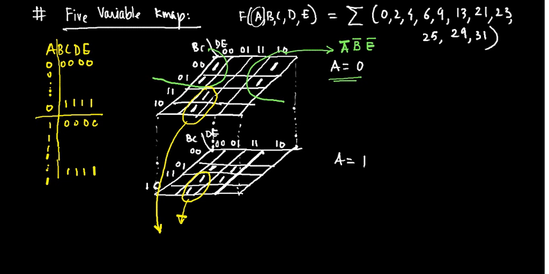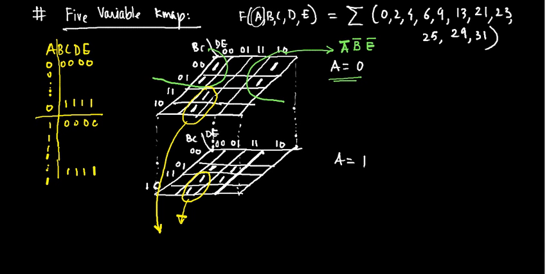Now see which variables remain constant. These two variables are common here, so you don't need to see both of these maps for BC. You can consider either of these maps only to see the variable change for BC. How many variables are remaining constant here? Only B is remaining constant.